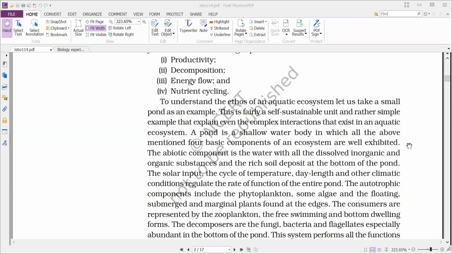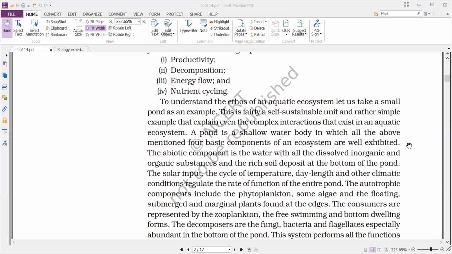Small ponds are available anywhere, so we can visit a nearby place where a pond is present and study the different components of that ecosystem. That's why they have given the small pond as an example.